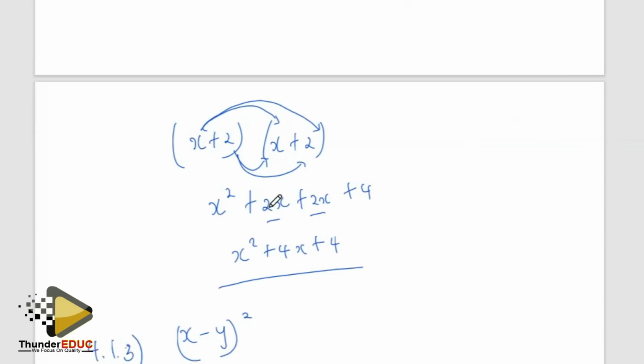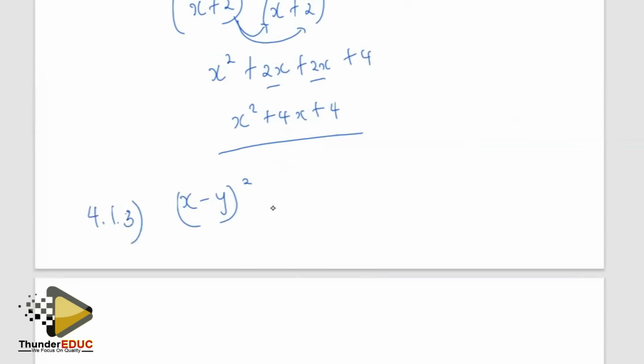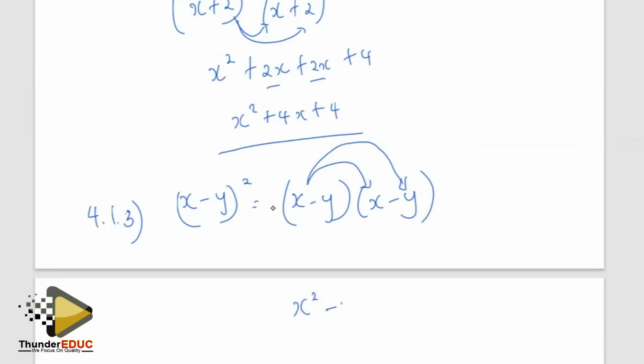So remember, if we have square brackets, we just have to expand them, like x minus y, and then x minus y. Then we open this up. So x and x, that's x squared. X and negative y will give us negative xy, because we're looking at this entire bracket. Then negative y multiplied by x is negative xy.